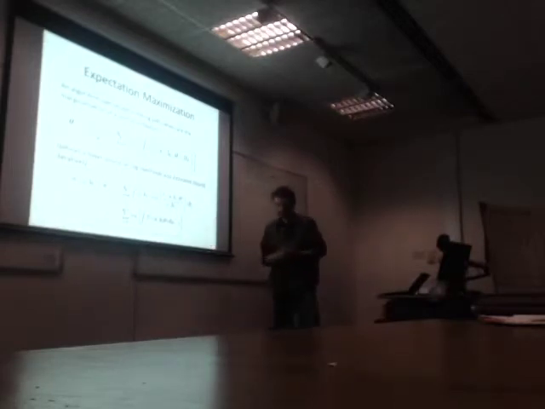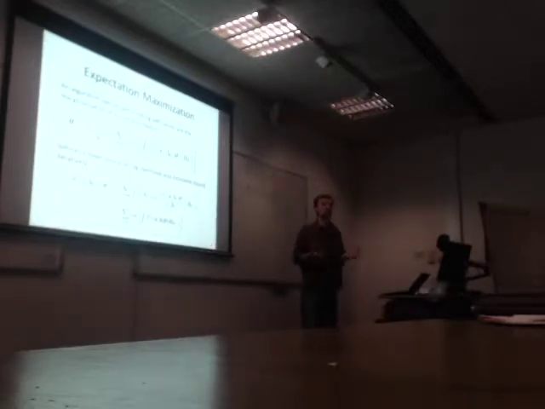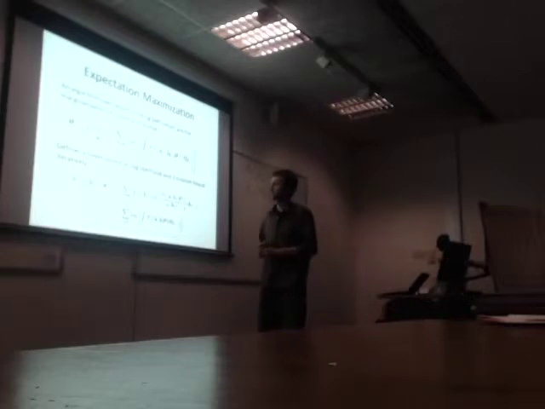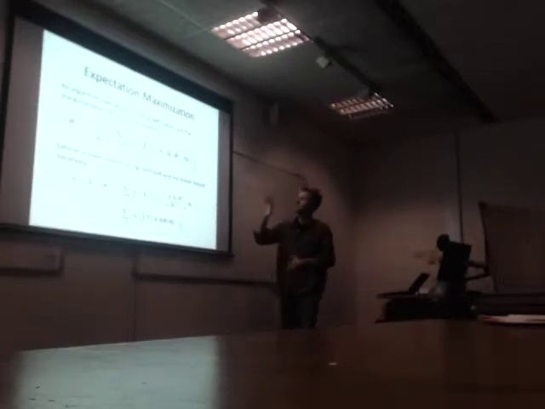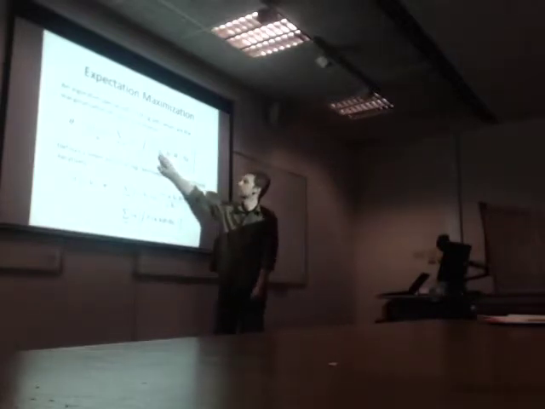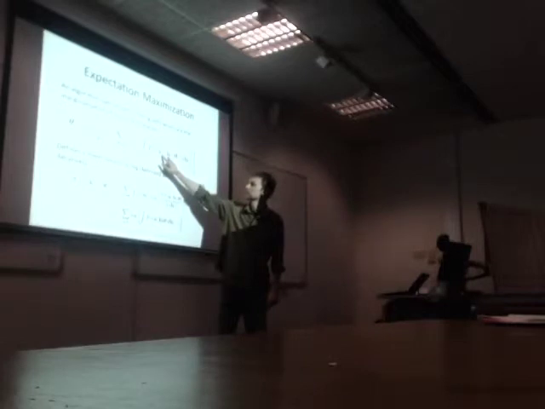Expectation maximization. There's a nice proof of why expectation maximization works in the book. We're not going to go through the proof. We're going to skip along through the highlights of what it's doing for us. We're saying that we have our probability distribution on our data jointly with our hidden variable, given some parameters theta.